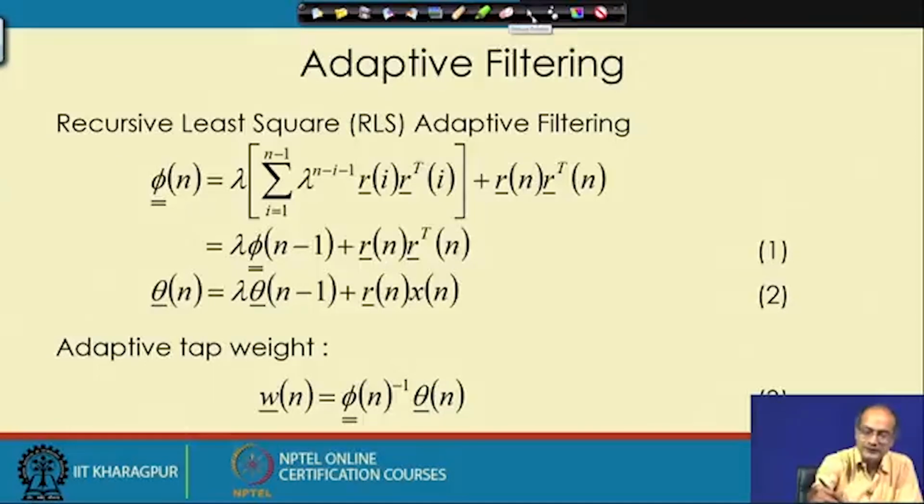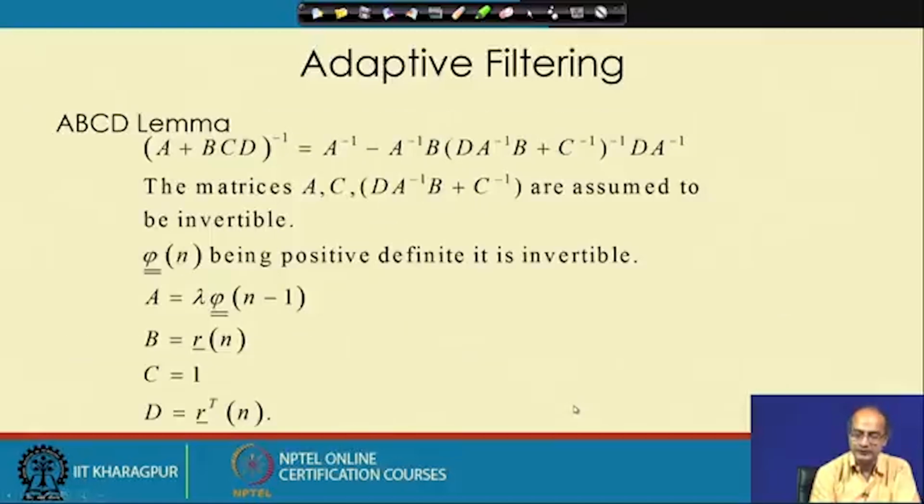So let us see how this computation can be reduced, and the rest of the LMS algorithm would be a search for reducing that complexity. In an attempt for that, first we introduce a lemma called the ABCD lemma.